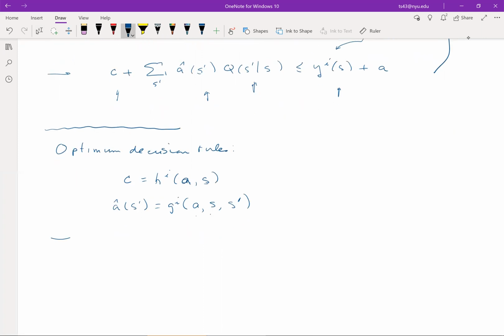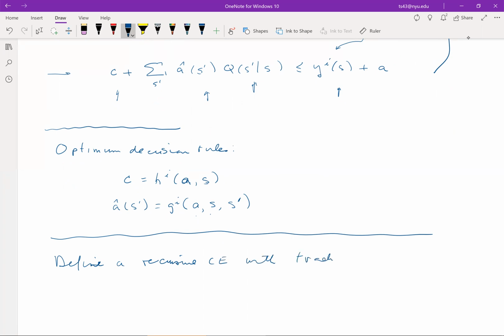Okay, now we're ready to define an equilibrium. We're going to call it a recursive competitive equilibrium with trading of one period arrow securities. We're going to define that.